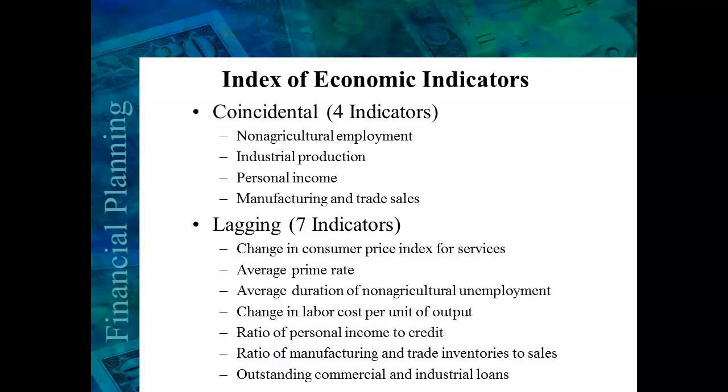Again, these measures rise near the peak of the economic cycle. They are the change in consumer price index for services, the average prime rate, the average duration of non-agricultural unemployment, the change in labor costs per unit of output, the ratio of personal income to credit, the ratio of manufacturing and trade inventories to sales, and outstanding commercial and industrial loans.